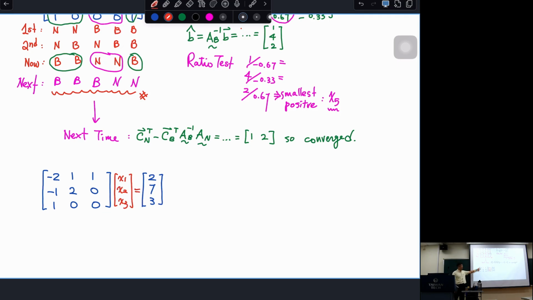Just solve for this equation, then you can get x1 to x3, and x4 and x5, they are 0. Okay? And if you solve for this at the end, x1, x2, x3 equals to 3, 5, 3. If you truly try to solve it. 3, 5, 3.